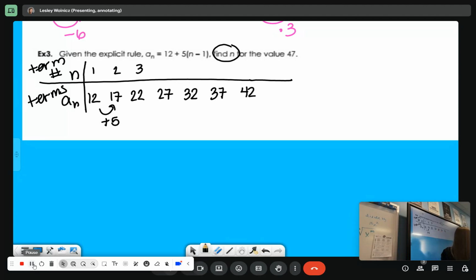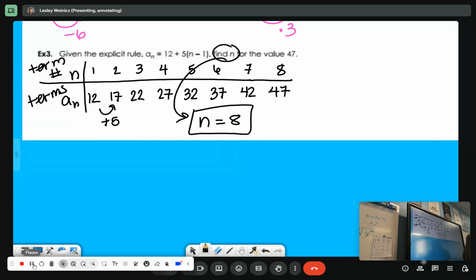You see it? That's kind of fun. Okay, so 4, 5, 6, 7, 8. So, what is n for the value 47? 8. n equals 8. I had to find n.